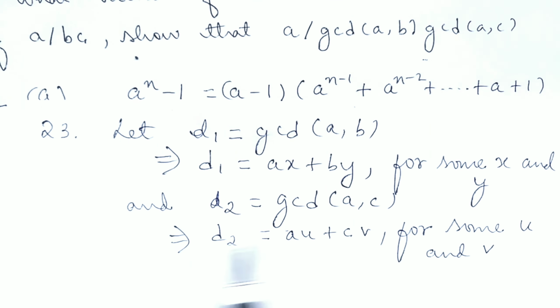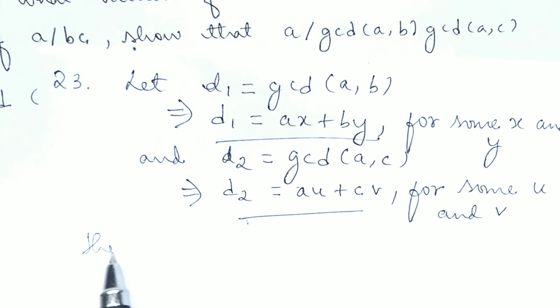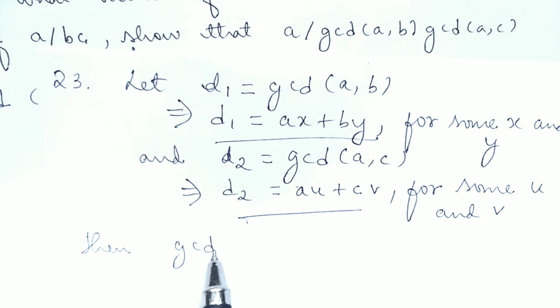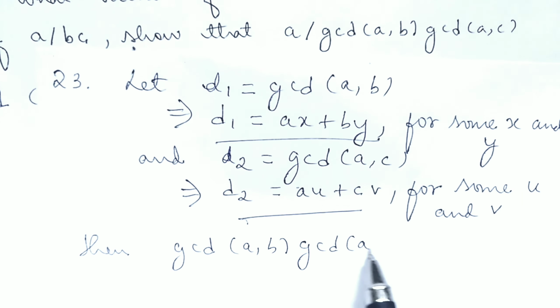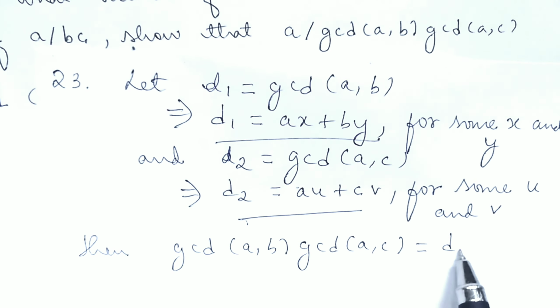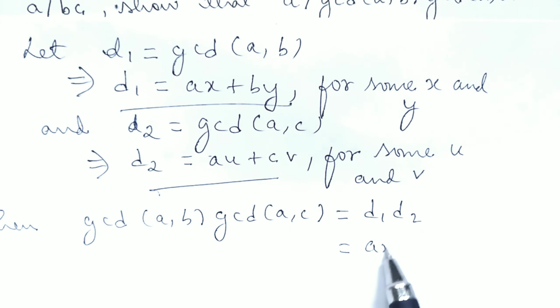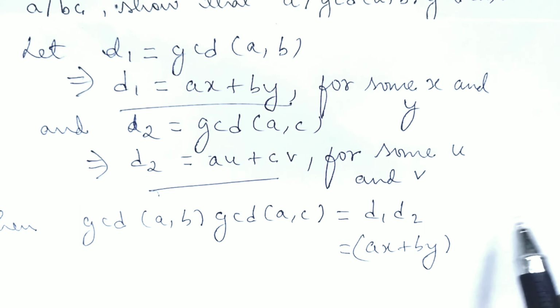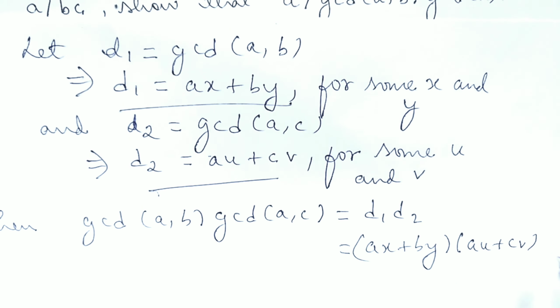Now let's take the product of these two. Then GCD of A and B times GCD of A and C, which is equal to D1 times D2, is equal to D1, which is AX plus BY, times AU plus CV.